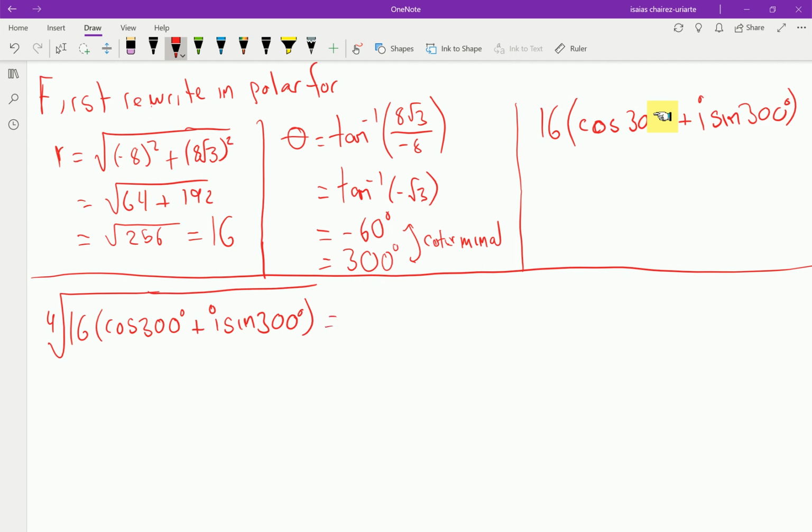That's the same thing as saying 16 to the, well, cosine 300 plus i sine 300 raised to the 1/4.